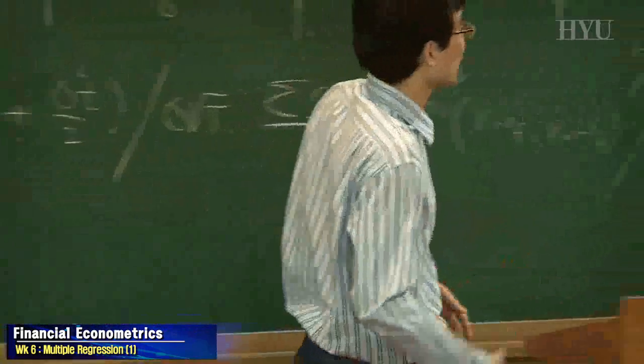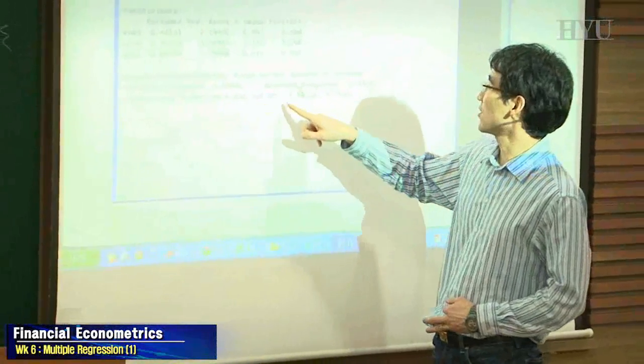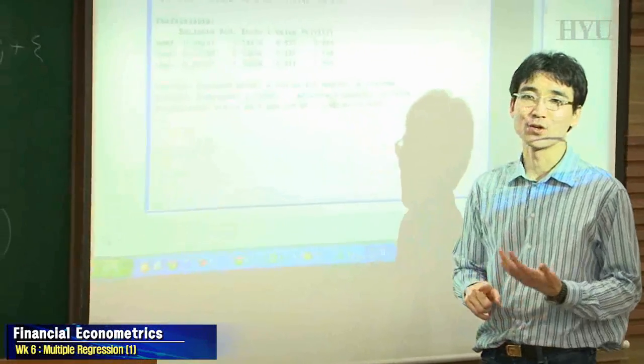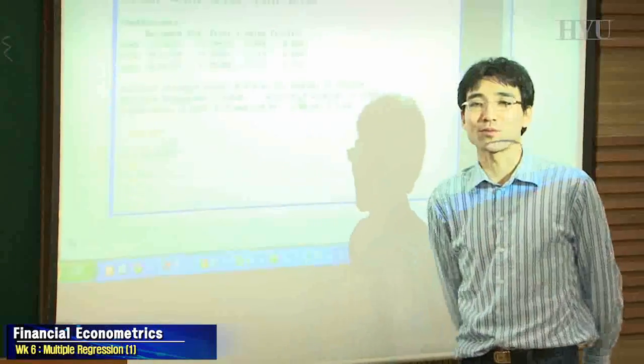So I showed you almost everything. For this part, the F statistic and its p value and the R squared, you have to Google the concepts and construct them yourself.